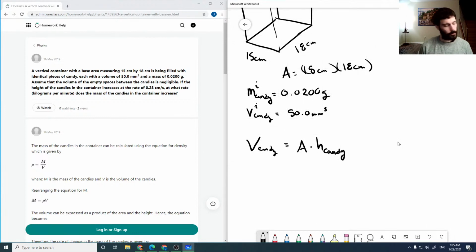And our total mass of our candies we can write as our individual candy mass over our individual candy volume times our total volume of candy.